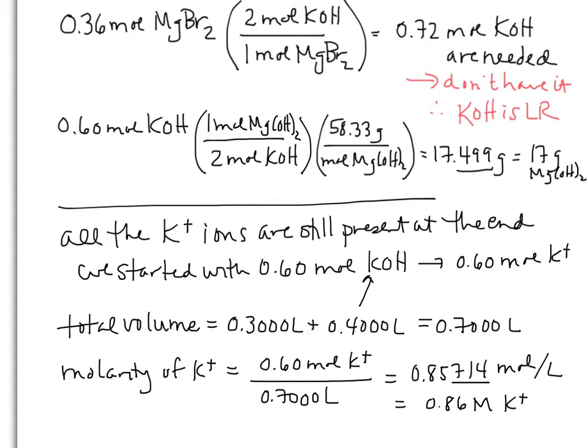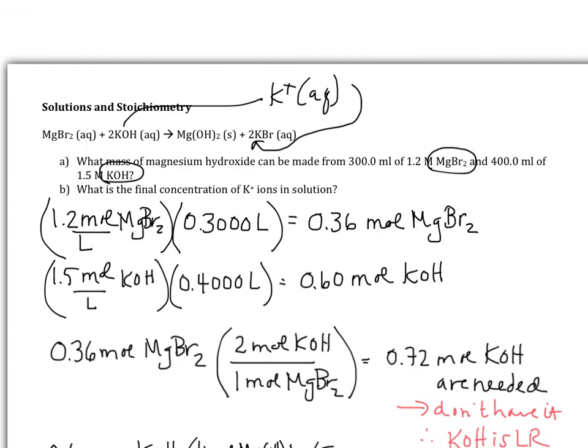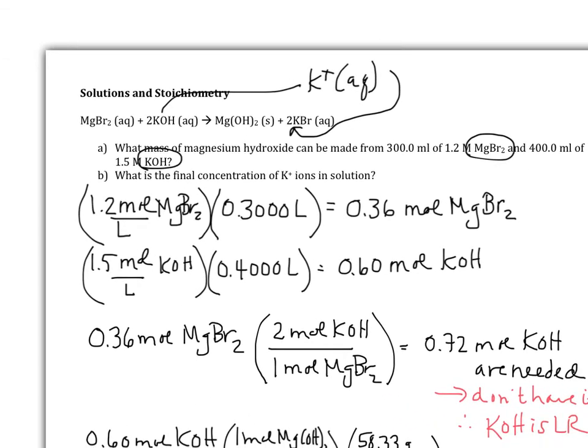Let's ask if this makes sense. So this 0.86 molar K plus, let's compare that to the concentration of potassium ions when we started. So what we know from the start of the reaction is that we started off with 1.5 molar KOH.